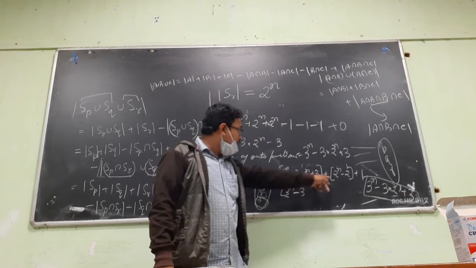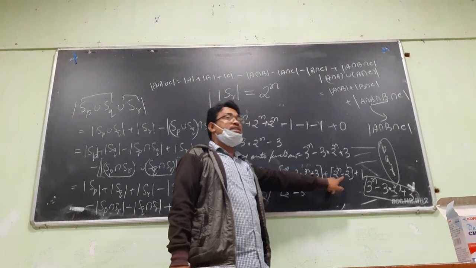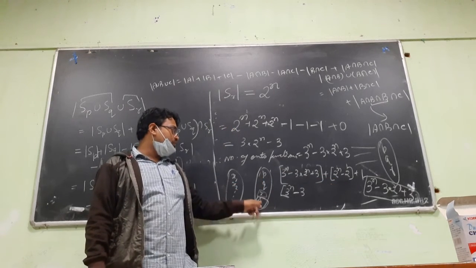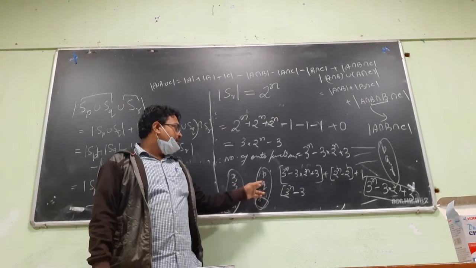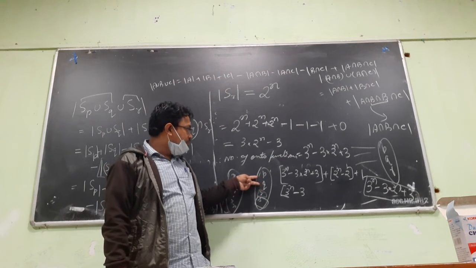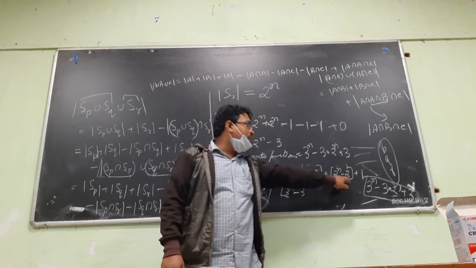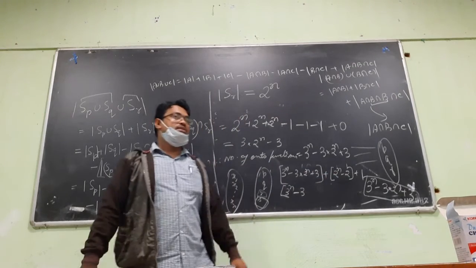So this type of term will come 6 times here, because there are 4 elements here. You can select 2 of them in 6 ways. So this 2 to the power n minus 2 terms, 6 times.